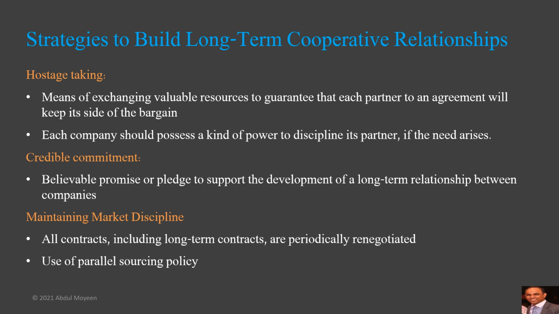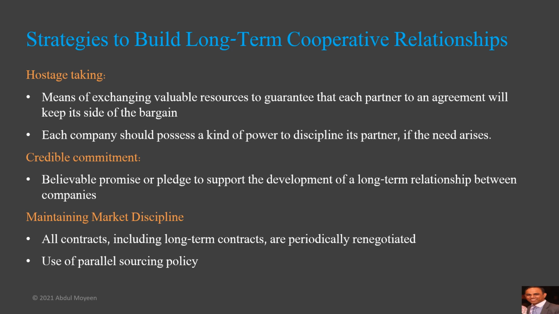And the second one is that many companies that form long-term relationships with suppliers should use a parallel sourcing policy and enter into a long-term contract with at least 2 suppliers for the same component.